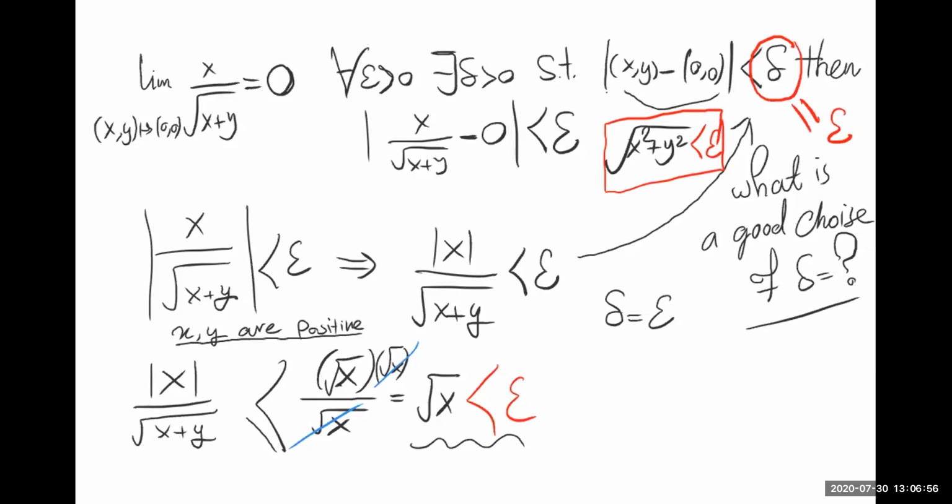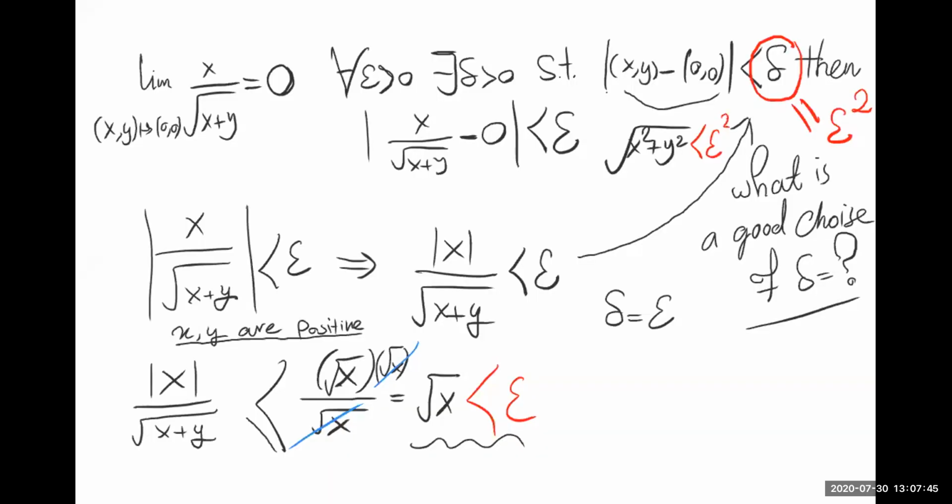So if I take delta to be, I'm sorry, if I take delta to be epsilon squared, that would be helpful. Let me tell you why. So if I take delta to be epsilon squared, okay, I guess I'm making a small mistake here. Yeah, I think epsilon squared is good.